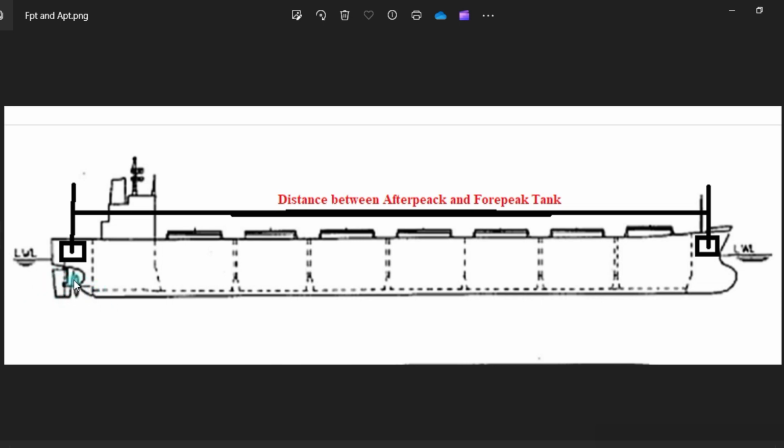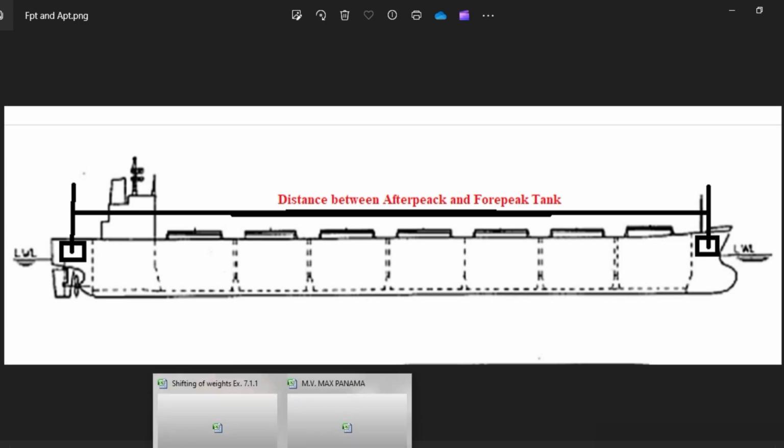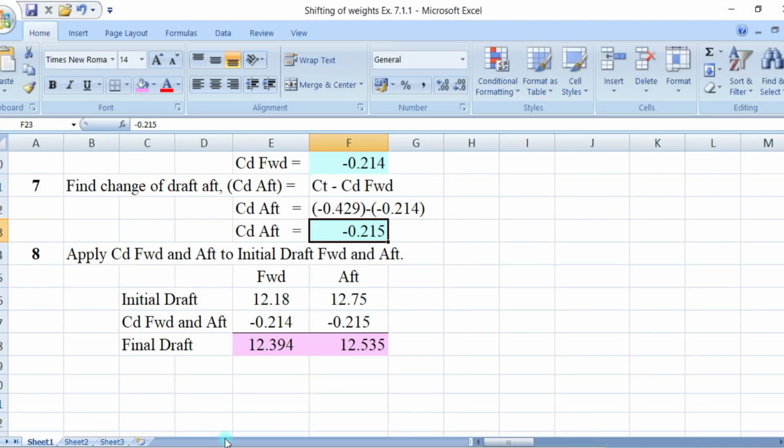So when we have no more ballast in the Afterpeak, the stern of the vessel will rise up, meaning your draft will be lessened. So with this in mind, it should be minus. So 12.75 minus 0.215 is 12.535, and we'll check the graph.